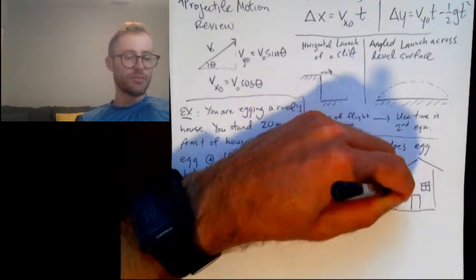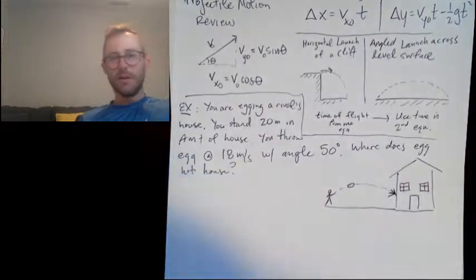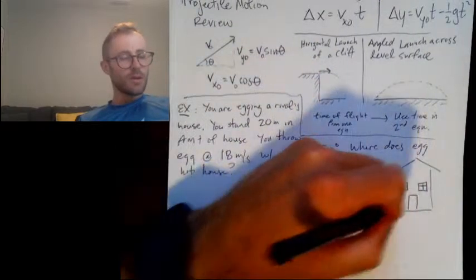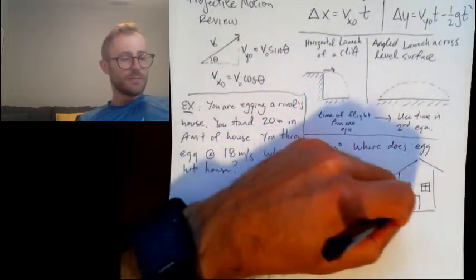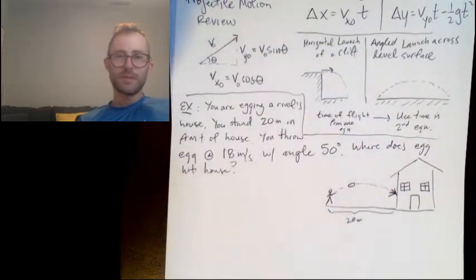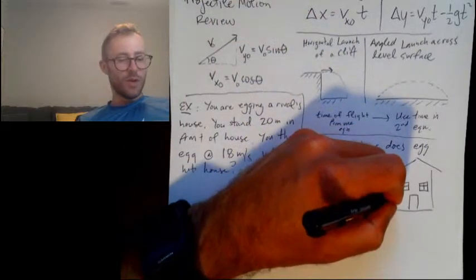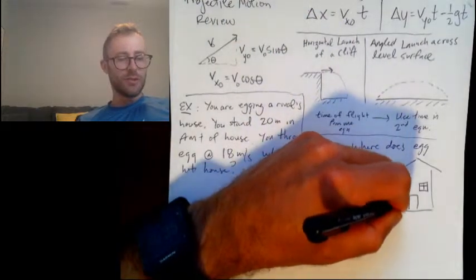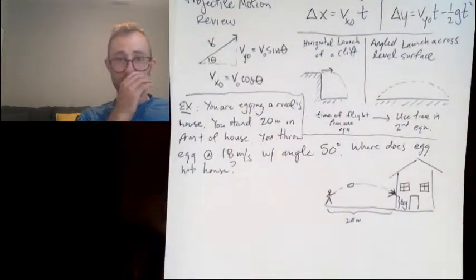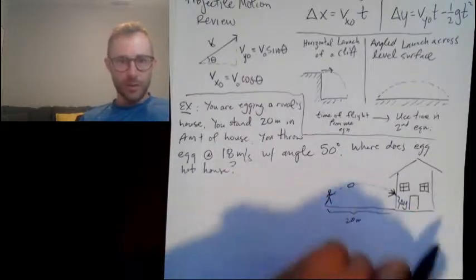And it hits the house. You are standing 20 meters in front of the house. Okay? And we want to know, where does it hit the house? So what I'm asking for is delta y. What is the delta y of the egg when it reaches the house?